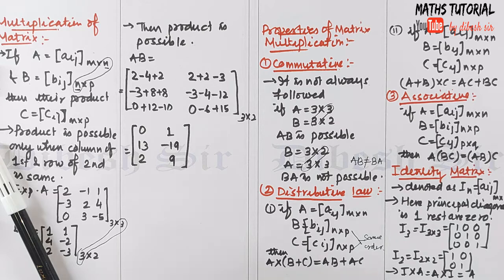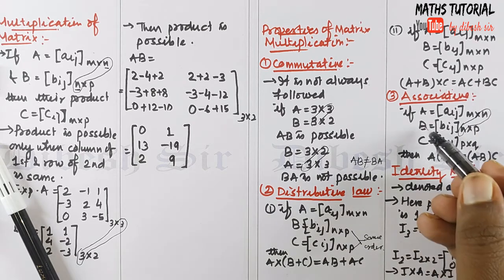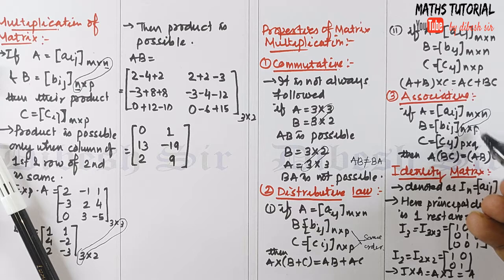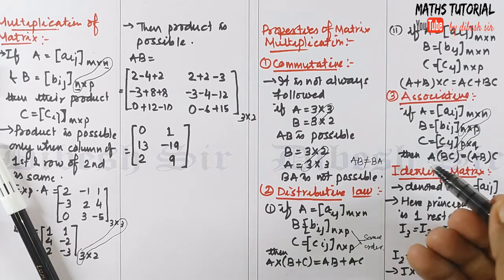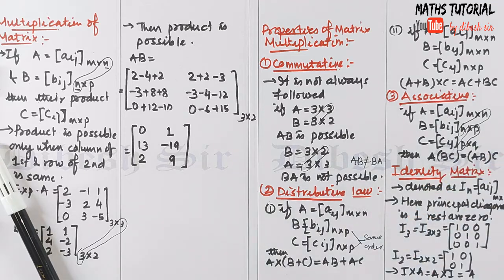See here, A into B, the column of first and row of second must be the same. Then B into C, the column of first and row of second must be the same. Then product is possible. Then we can say associative is possible.